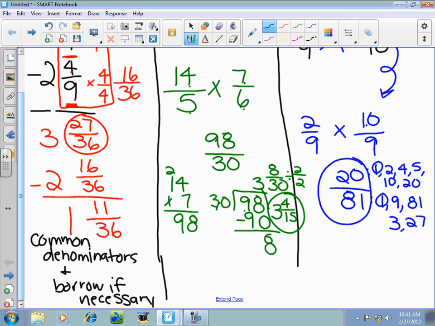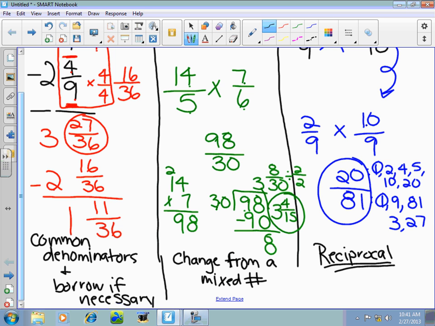Okay, and then when you multiply, you need to change from a mixed number. Okay, and then when you divide, let's put reciprocal because I hope that will trigger your memory to first cross out that division. So cross out the division and do the reciprocal.